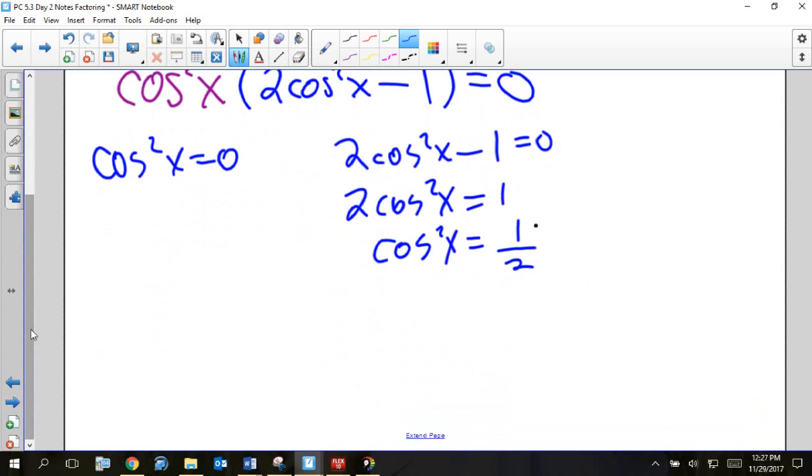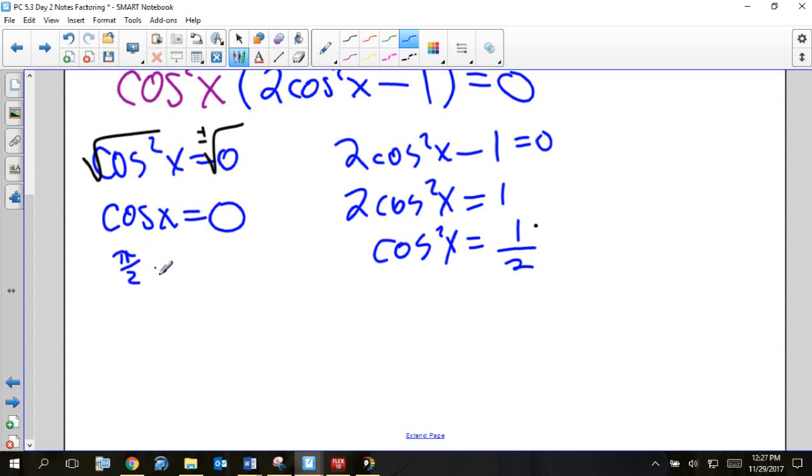So I've got cosine squared x equals 0. I'm going to square root both sides, put in a plus minus, but it doesn't really matter because it's 0. Where is cosine x equal to 0? Pi over 2 and 3 pi over 2.